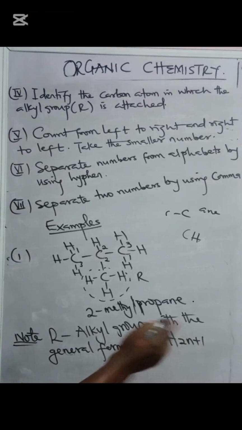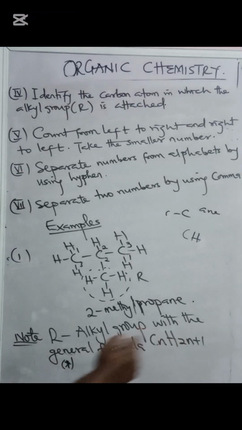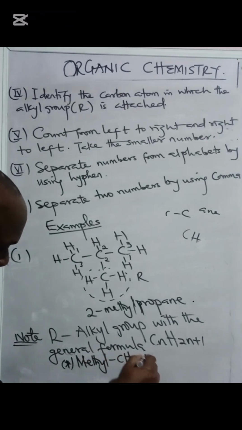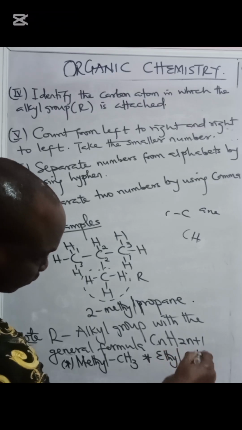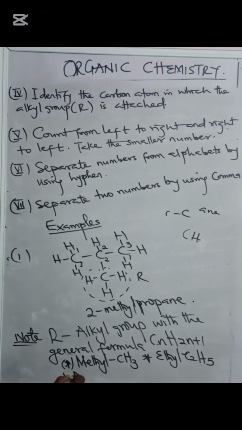The first member is methyl, that is CH3. We have ethyl, that is C2H5. You have propyl, C3H7, and butyl, and so on.